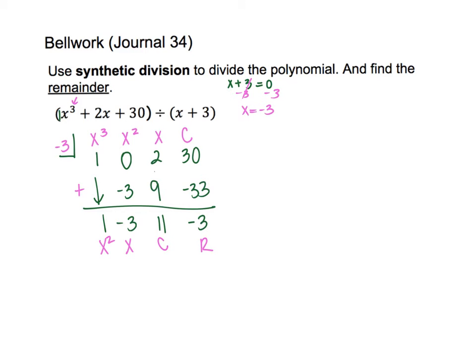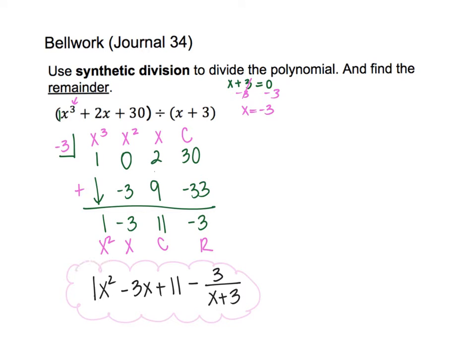So you have 1x squared minus 3x plus 11, and then the remainder is negative 3, so minus 3 over whatever you divided by, which was x plus 3. The remainder is always a number over what you divide. So here is my quotient, or what I got after I divided this polynomial by x plus 3. And there we go, we have found our solution.